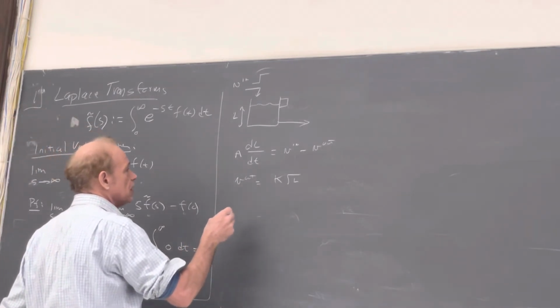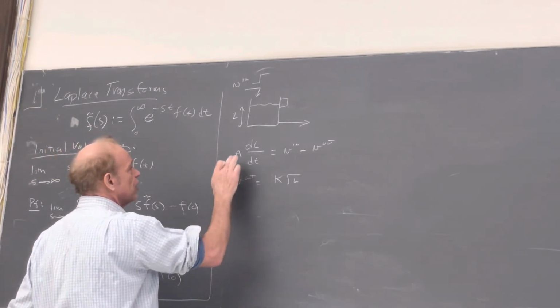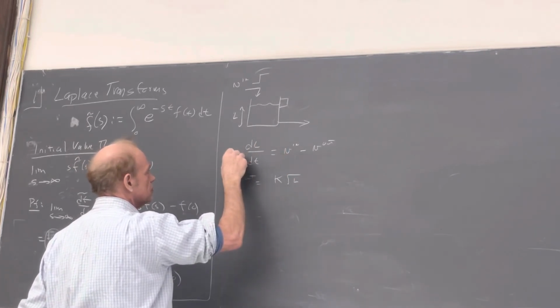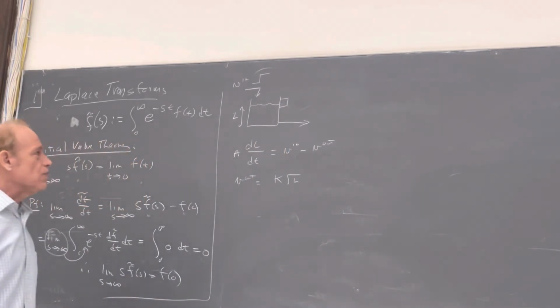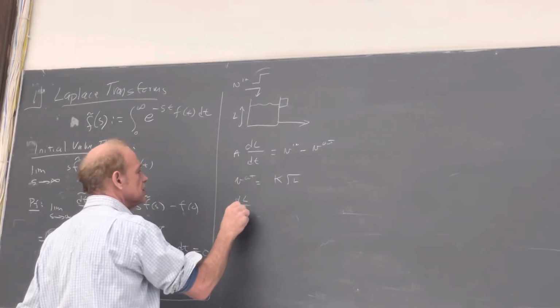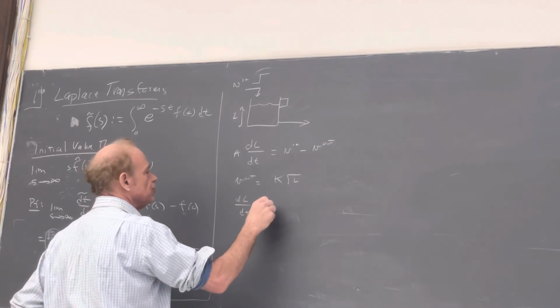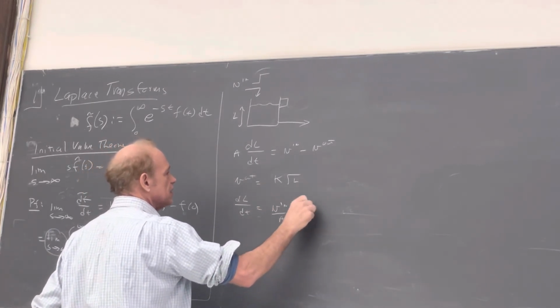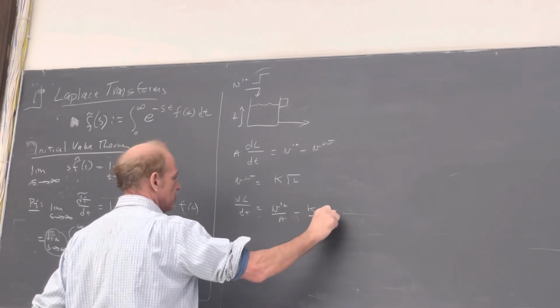Actually, I want to divide through by A. So I have dL/dt equal to V in over A minus K over A square root of L.